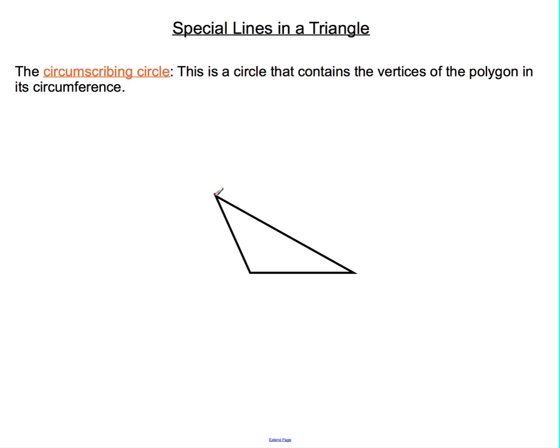Make them in red. Here's A, here's B, and here's C. That's a pretty ugly C, so let's redo it. Here's C.